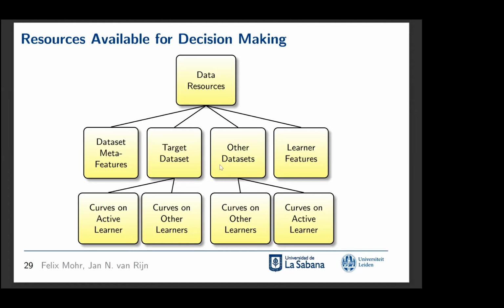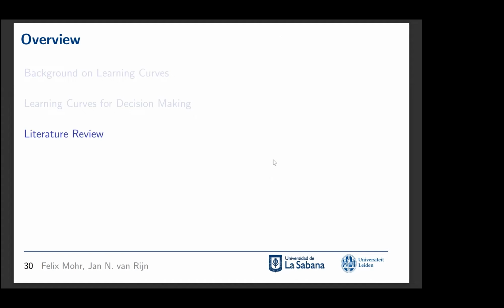This is just to show that there are really a lot of conditions to take into account if you do this kind of study, and it's really worthwhile to consider different possibilities of resources that you have at your disposition. Do you have dataset meta features maybe, or learner meta features that describe how your learner is behaving, all this kind of stuff. And with this, I hand over to Jan, but no worries, it's not a 50-50 talk.